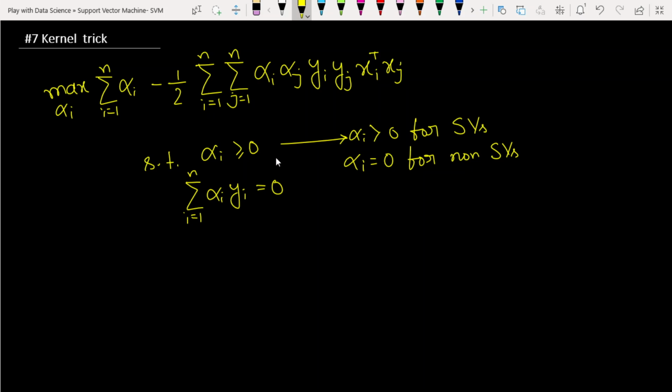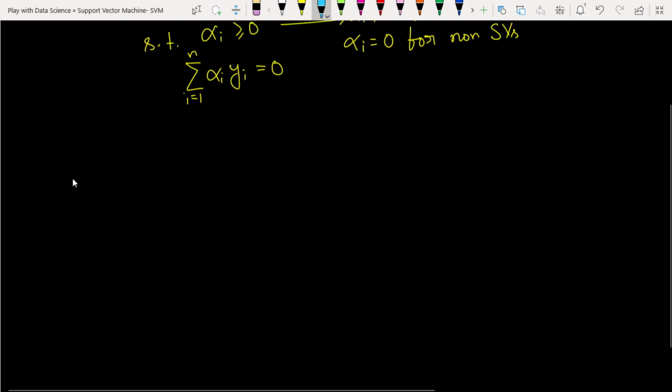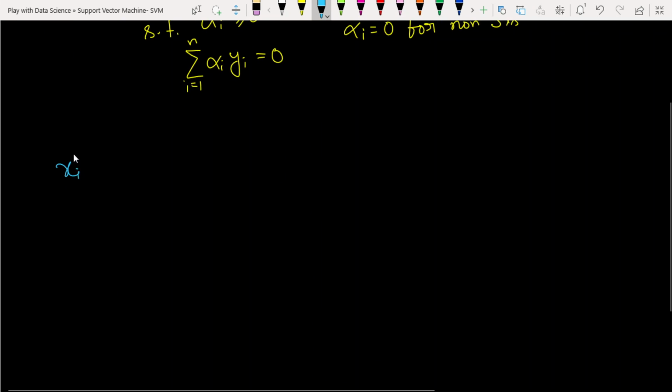Now focus on this part of the dual problem, x_i transpose x_j. This can be treated as a dot product of these two vectors.